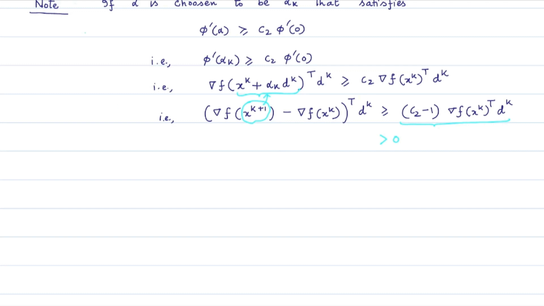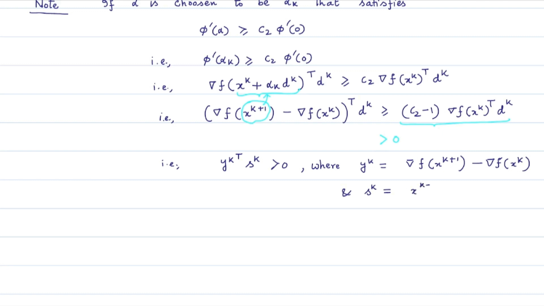And hence what we get here is yk transpose sk is greater than 0, where yk is the vector difference of the gradient of the function f at xk plus 1 and at the point xk, and sk is the vector difference between xk plus 1 and xk. So if we employ this rule to choose the step length alpha k, then we get a benefit that yk transpose sk is greater than 0.